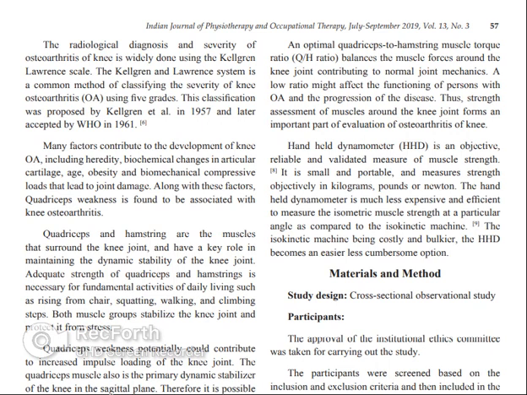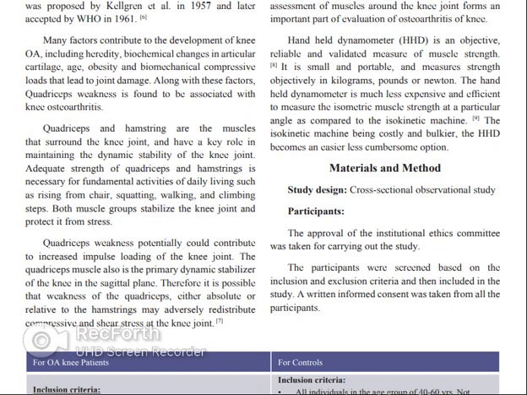Quadriceps and hamstring are the muscles that surround the knee joint and have a key role in maintaining the dynamic stability of the knee joint. Adequate strength of quadriceps and hamstring is necessary for fundamental activities of daily living such as rising from chair, squatting, walking, and climbing steps. Both muscle groups stabilize the knee joint and protect it from stress.